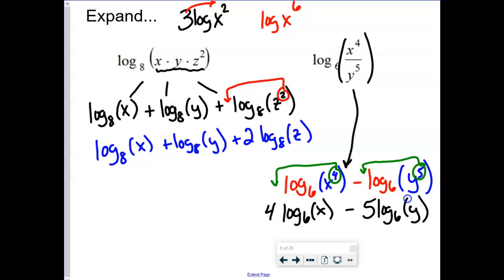Okay, I know I should be the last person to be picky about this, but I am going to be picky about handwriting on this one. The base 6 is tiny, it's a subscript, it's small. It's below the level of the logarithm in your text, okay? I get kids who write things like this to me, and I'm supposed to know that that was a base 6. What if I put the x in parentheses? Then do you know that it's base 6?